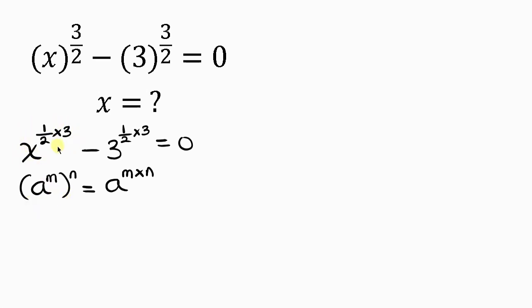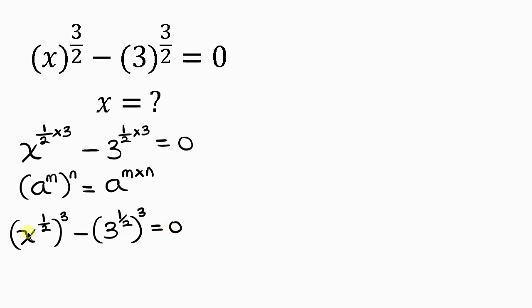So that means this is x to the 1 over 2 raised to a power of 3 minus, now we're going to be doing the same thing here. This is 3 to the 1 over 2 raised to a power of 3 equal to 0.